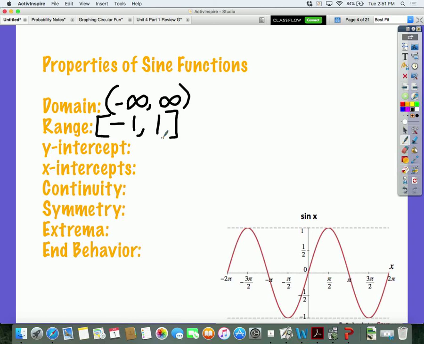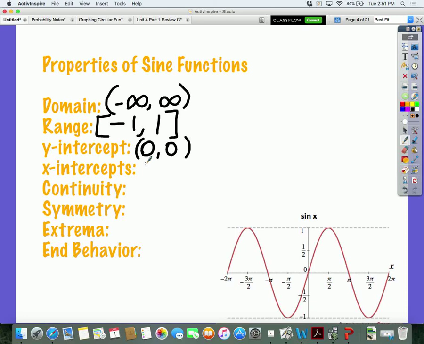Okay, there's a graph right there of sine for you if you need it as a reference. If you can't see the ones in the pink. And what about the x-intercepts? There's a lot of them, right? They're always at the pi. So how can you represent that? Not 2 pi. It would be n pi.